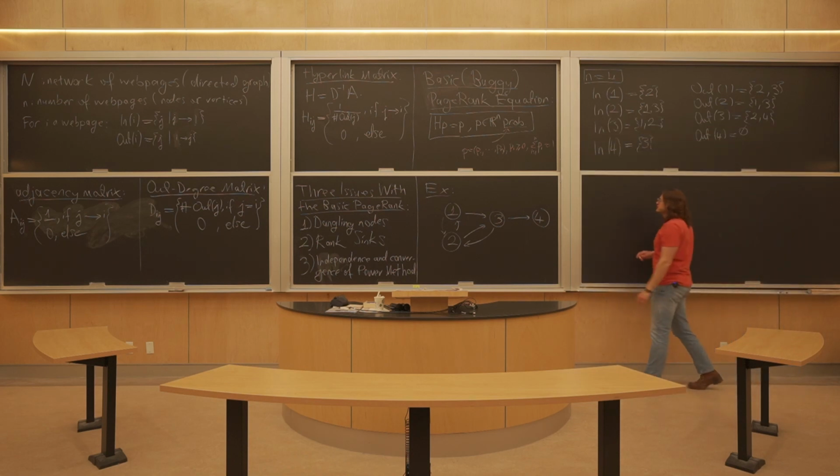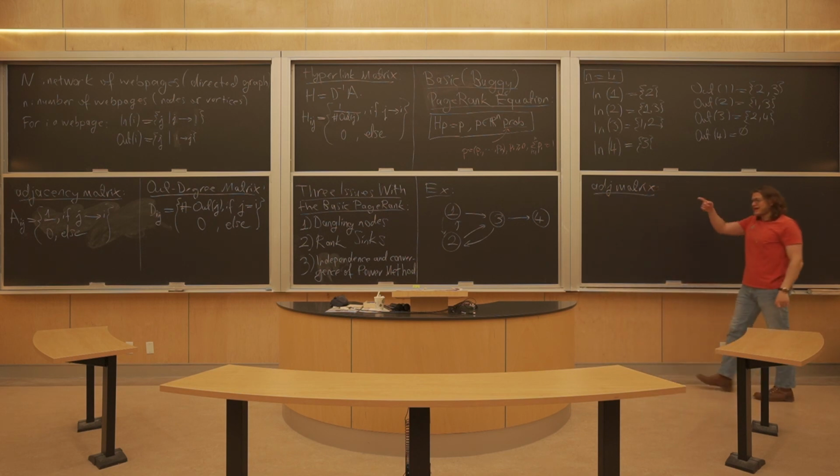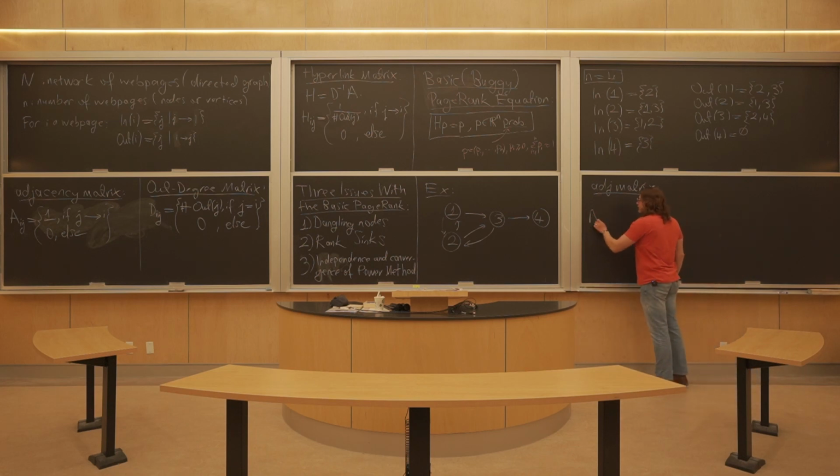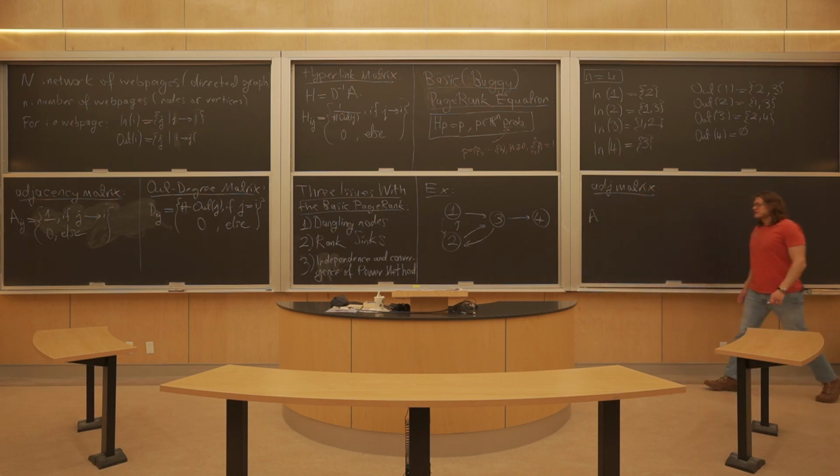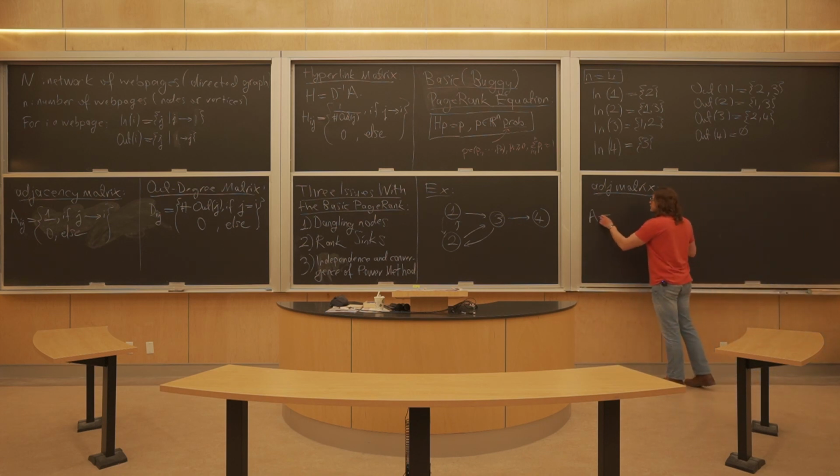Next, the adjacency matrix. So it's this A matrix over there. I'm going to put 1 if I have a link from j to i, otherwise it's going to be 0. So this is a 4 by 4 matrix.